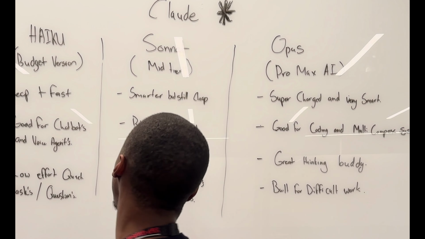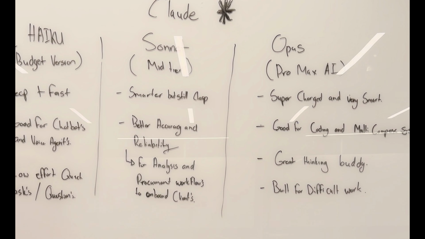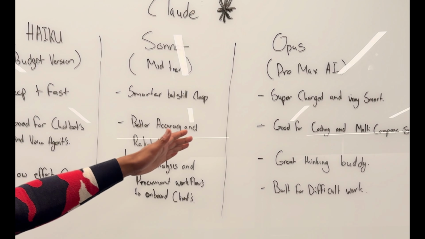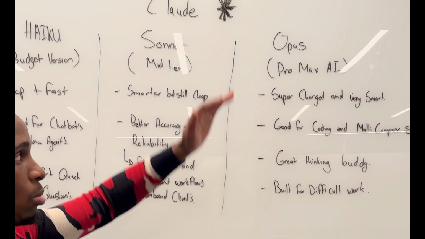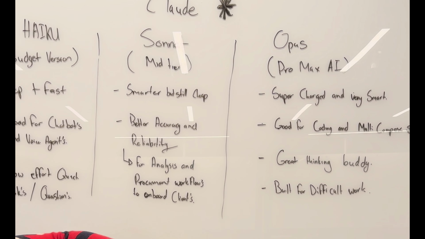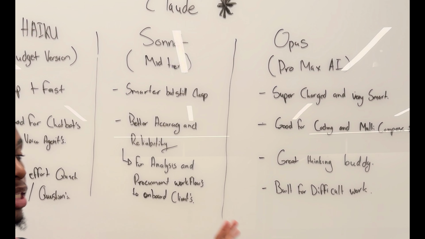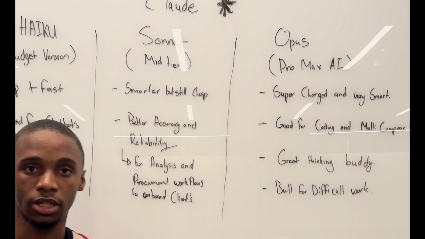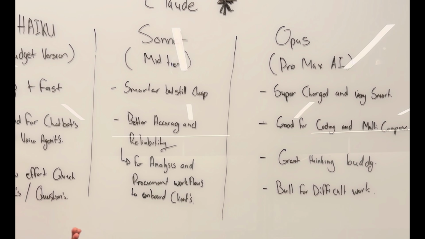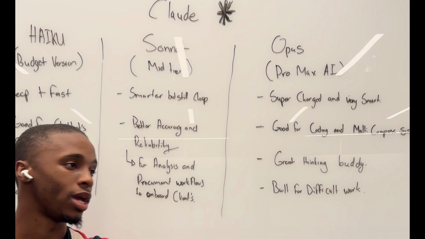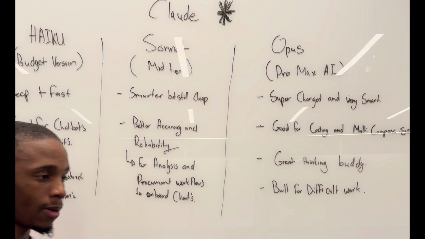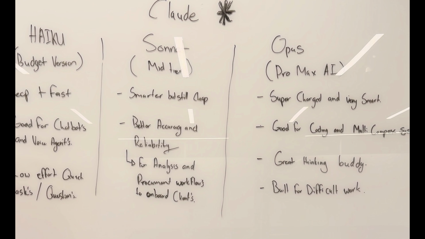So this is just a basic understanding of each of these models. Of course, they have different numbers that represent the latest model that has been produced, but this is how you can categorize it in your brain depending on the difficulty of the work. If it's something that doesn't need a super powered brain, but it needs a reliable AI to complete the task, Sonnet will be your best bet.